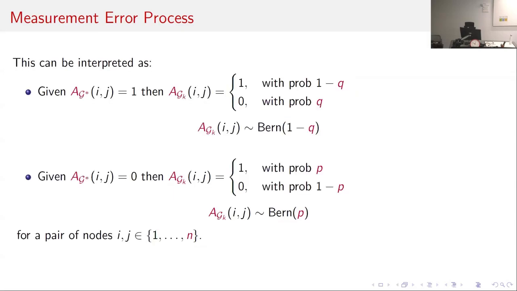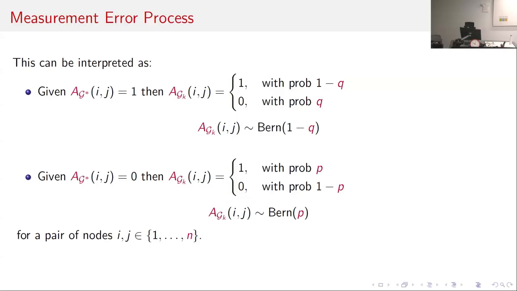So this can be interpreted as follows. It's what I described graphically in the previous slide. Given that there is an edge between nodes I and J in the G star network, the corresponding entry of the K-th network observation in the population of networks follows a Bernoulli with probability 1 minus Q. We have binary networks here, so it's very convenient to use the Bernoulli distribution.